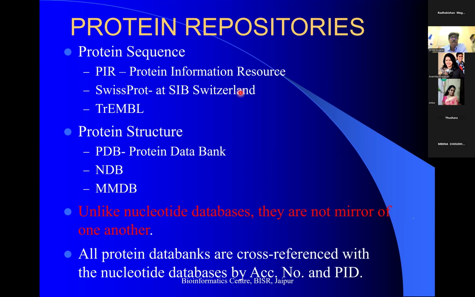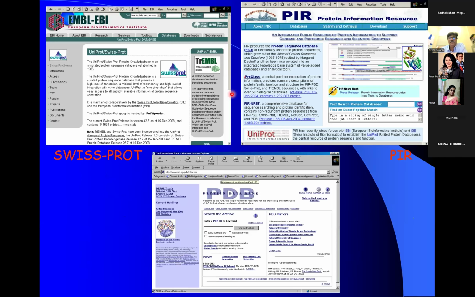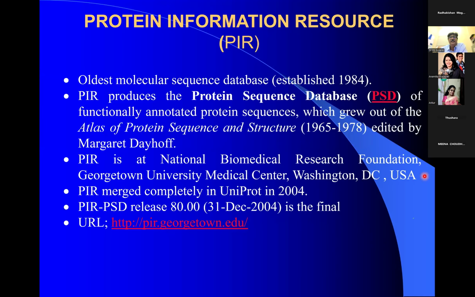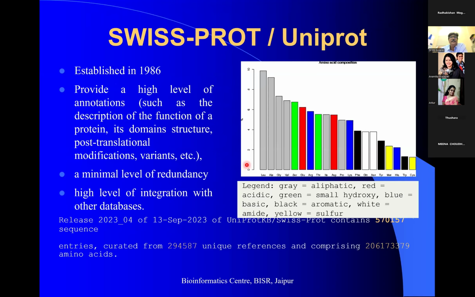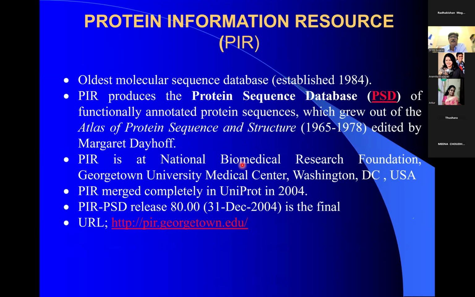स्विस प्रोट जो है वो हाईली एनोटेटेड डेटाबेस है, तो वो कहता है कि जो इन्फॉर्मेशन उसके पास में है वो, तो ये बेसिकली ये है, ये EMBL का साइट है, ये PIR का है. बट ये जो PIR है अब एग्जिस्ट नहीं करता. इसकी सारी जो इन्फॉर्मेशन है वो आ चुकी है, और PIR, प्रोटीन इंफॉर्मेशन रिसोर्स, ये एक मार्गरेट डेहॉफ नाम की लेडी थी, वो अपनी किताब थी एटलस ऑफ प्रोटीन सीक्वेंस एंड स्ट्रक्चर, उसको ही इन्होंने कन्वर्ट कर दिया था पूरा इसको.